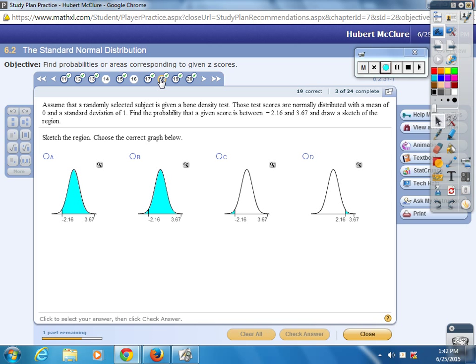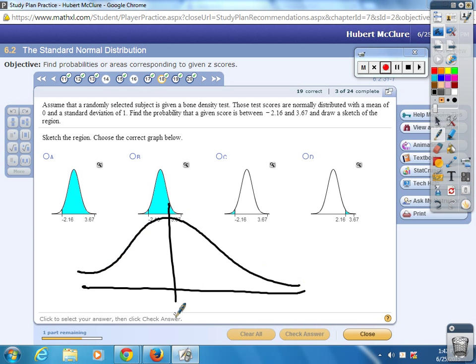So draw a picture first. No coughing in class. So negative 2.16, that's right in here, isn't it? Okay, since it's negative, I'm going to do it in red.